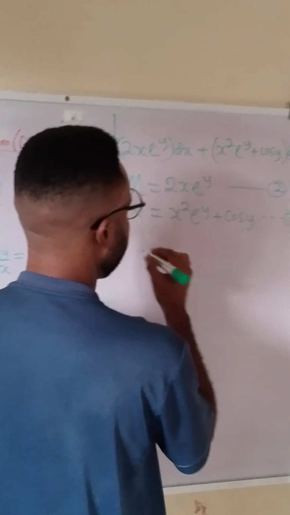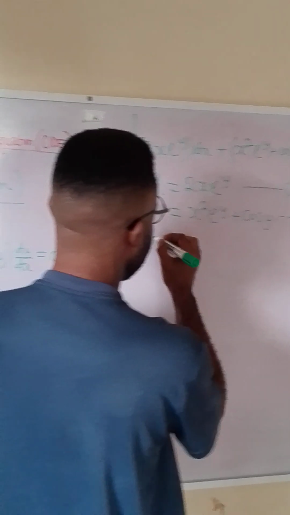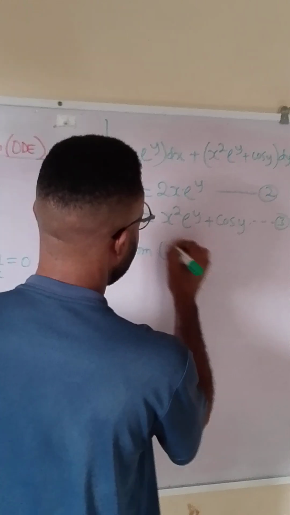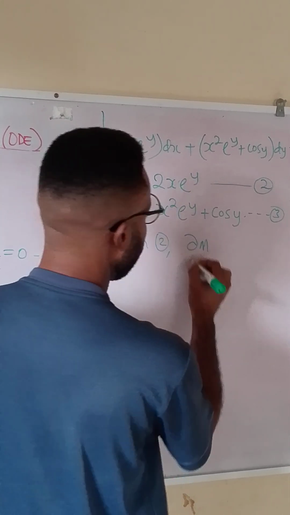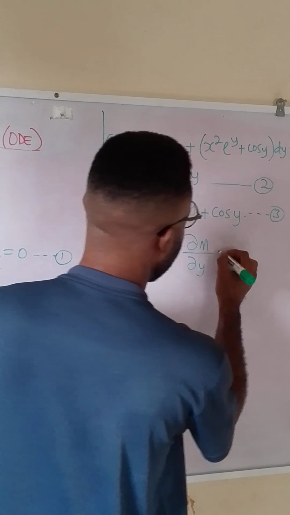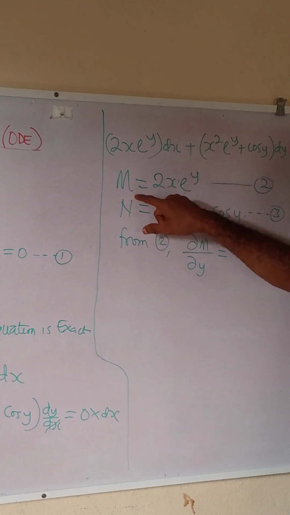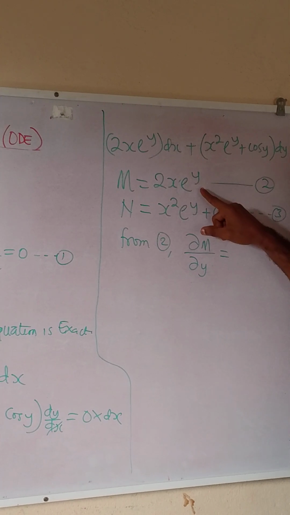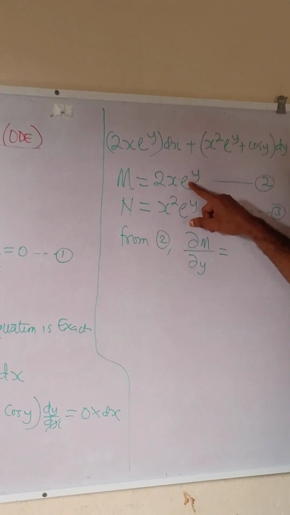So I'll say differentiating, let's say from equation 2, we are going to do the partial derivative of M with respect to y, not with respect to x. So if we are differentiating M partially with respect to y, we are going to have 2x, because this is an exponent.